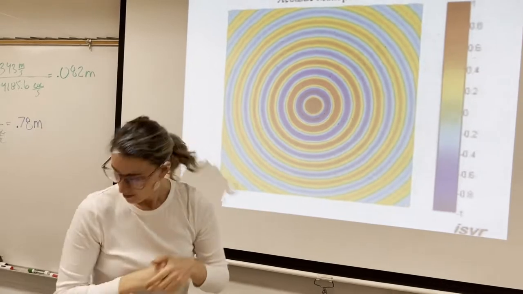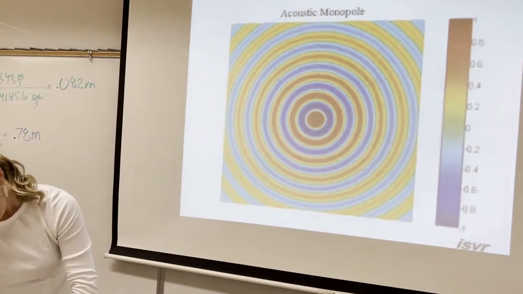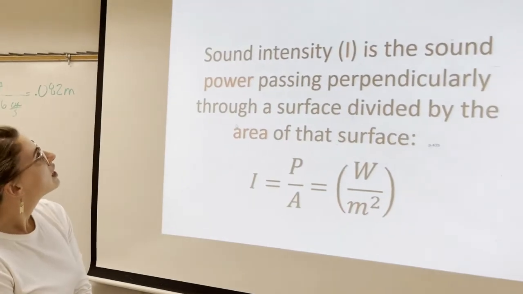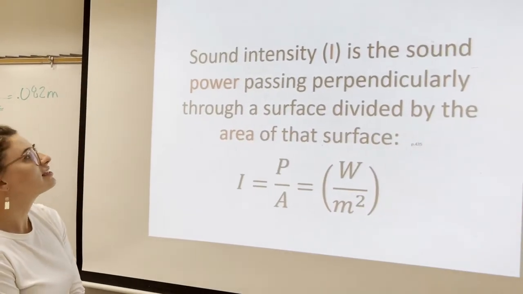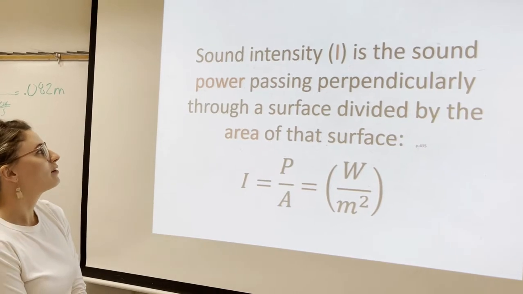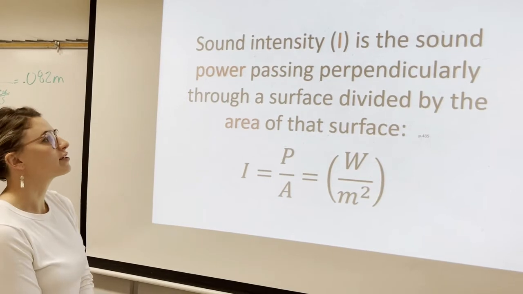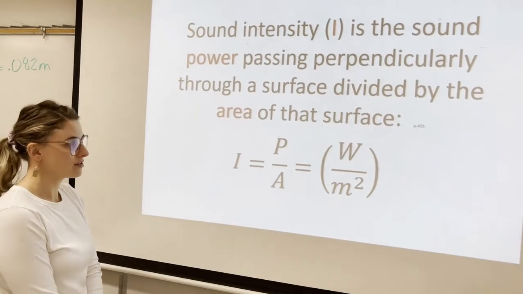That's a good question. We get a definition of loudness right here. Sound intensity is the sound power passing perpendicularly through a surface divided by the area of that surface.